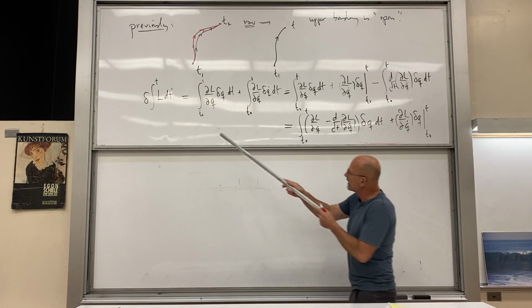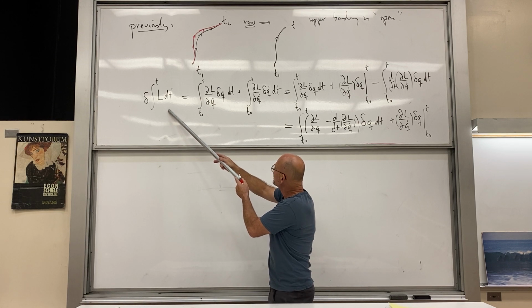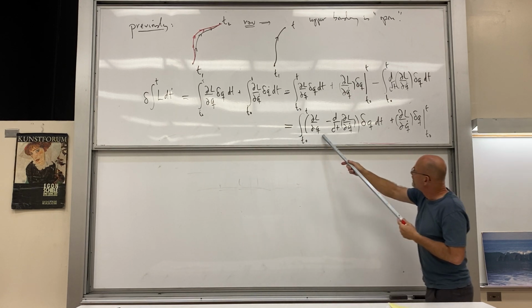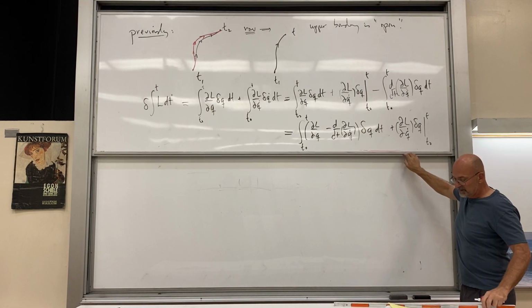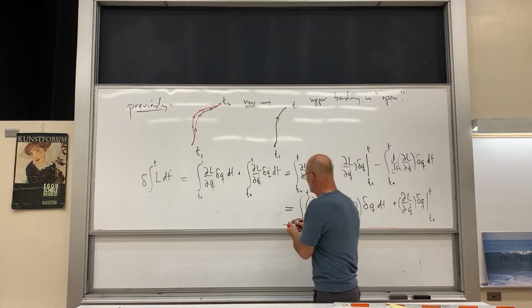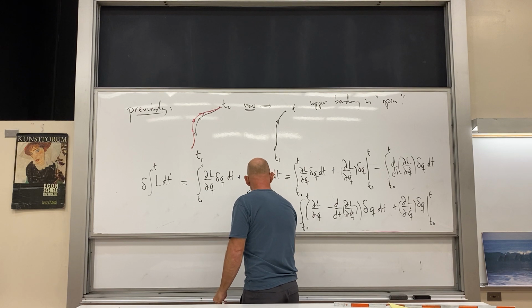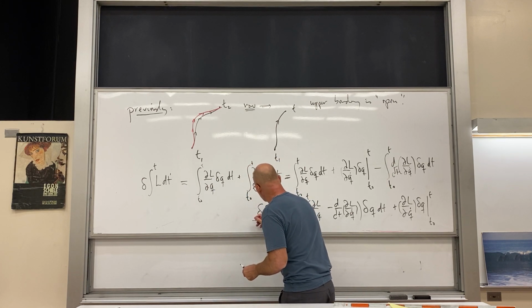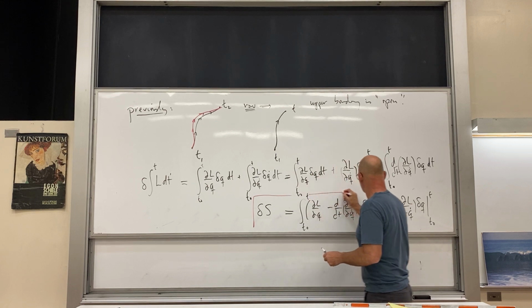This is the variation of S, the integral of L dt. We've ended up down here, so just to make sure, I'll put a box around it, a red box. There we go. So this is the one we're focusing on right now.